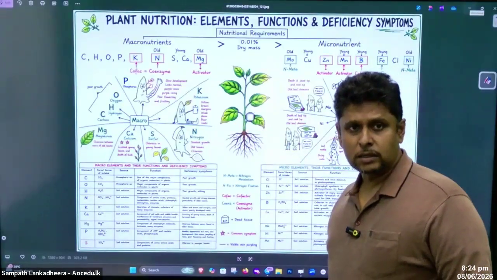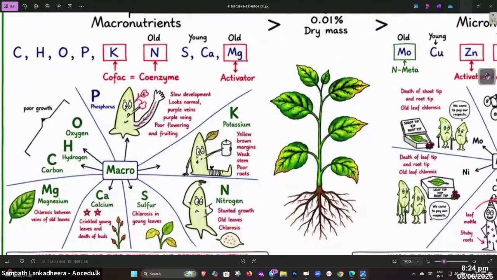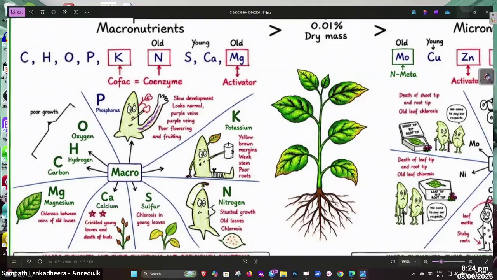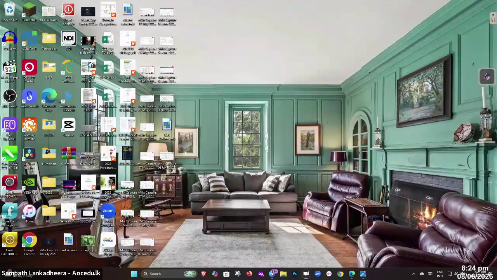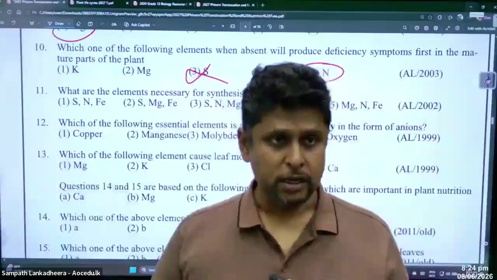If you take this chart, magnesium is macro, magnesium is also macro. Potassium also, deficiency symptoms appear in all plant parts. Sulfur is young. But the thing is, people, now we have to talk about the relative proportion of elements required for the plant.